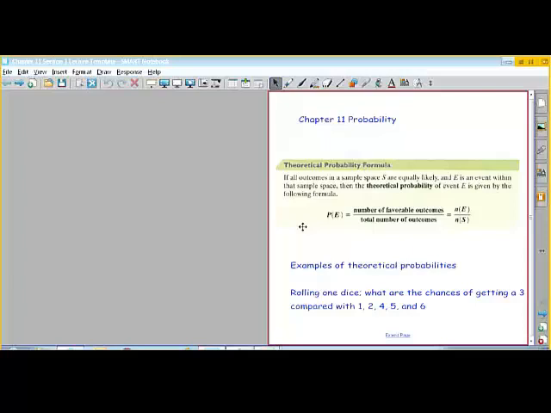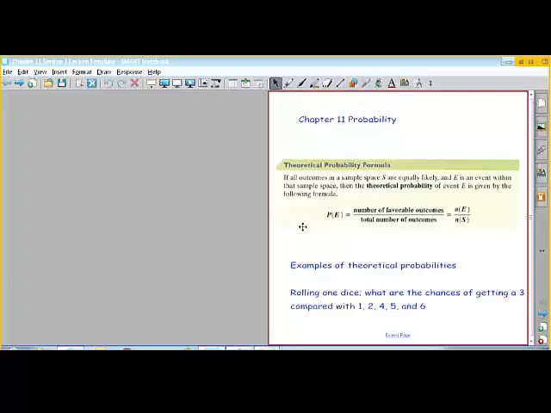P stands for probability, E stands for event. This is in your book, so it's one of those green things. So the probability of a favorable event occurring, what you do is you look at the ratio of the number of favorable events to the total number of outcomes, unfavorable and favorable.